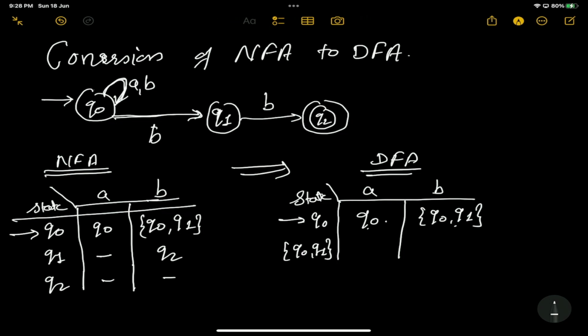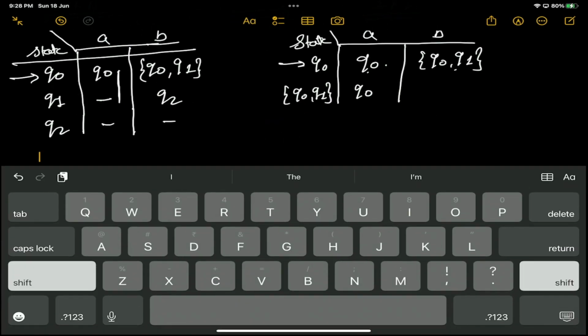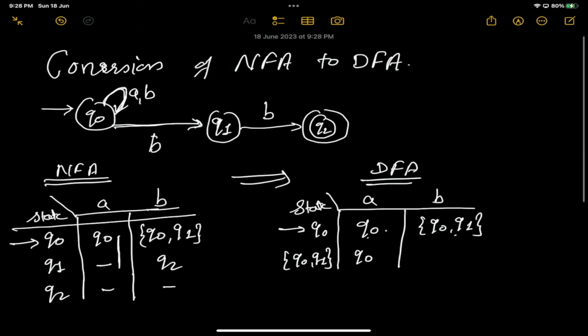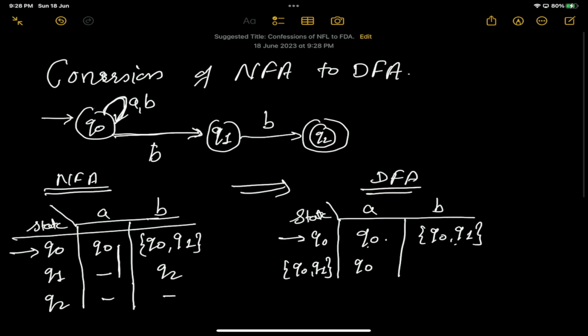Now Q0 and Q1 with input A, we have to find out the transitions and take the union of these, so it is Q0. Q0 and Q1 with input B is Q0, Q1 and Q2. The next state is Q0, Q1 and Q2, because Q0 is already taken.